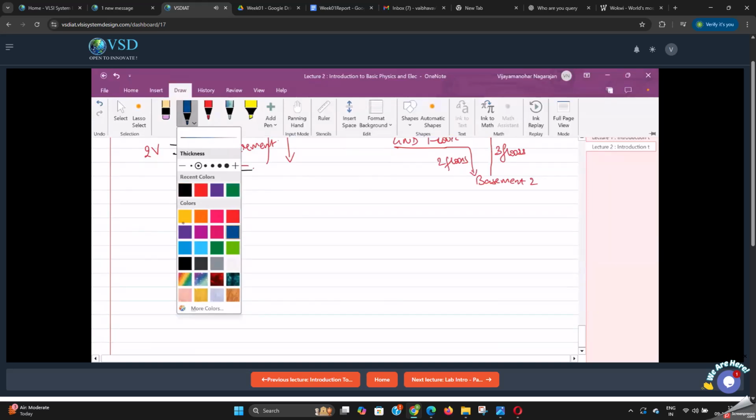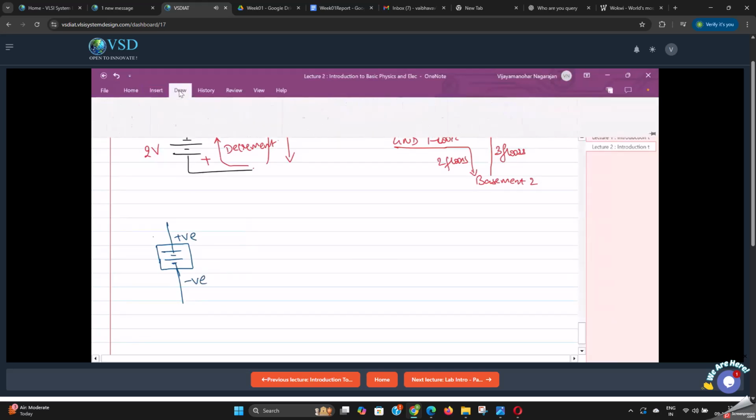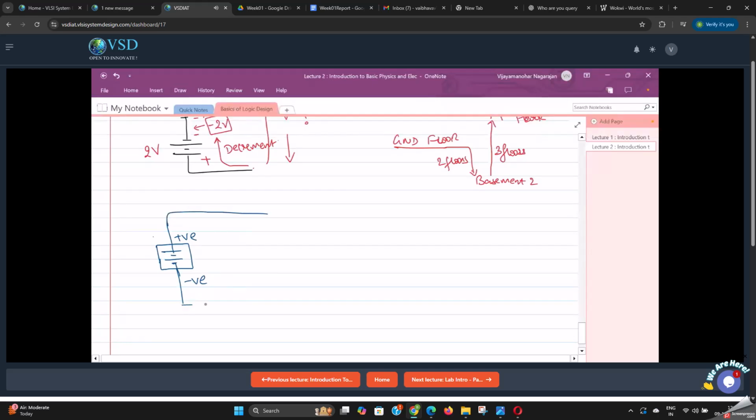And last thing I want you guys to visualize and understand is this. Let us say I have a battery. So this is the positive and this is the negative terminal of the battery. Now let us say I am connecting it to a load.